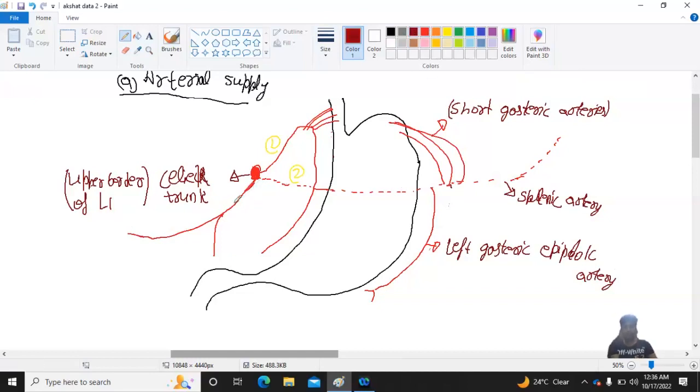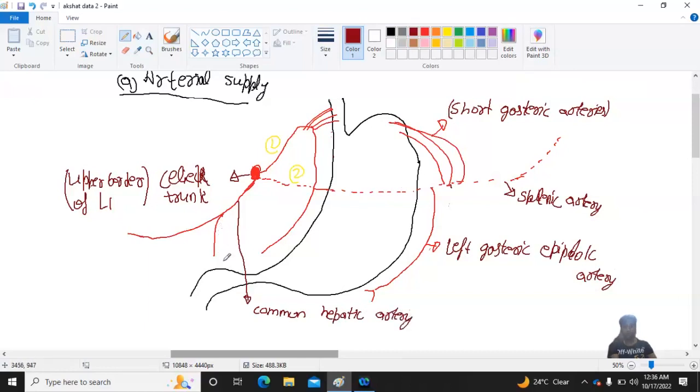We give them names. This is the common hepatic artery.